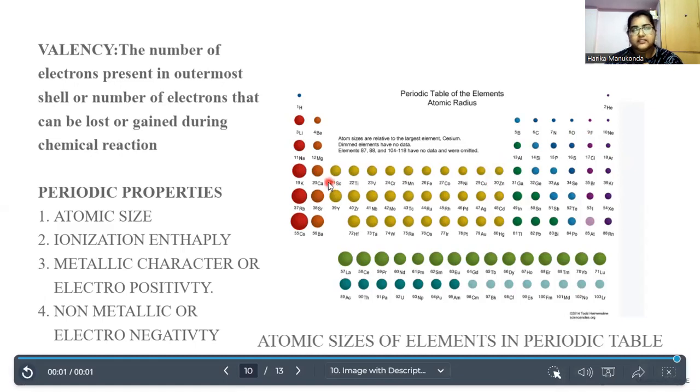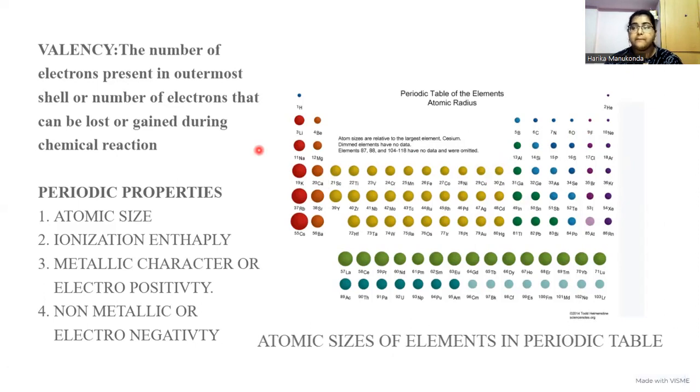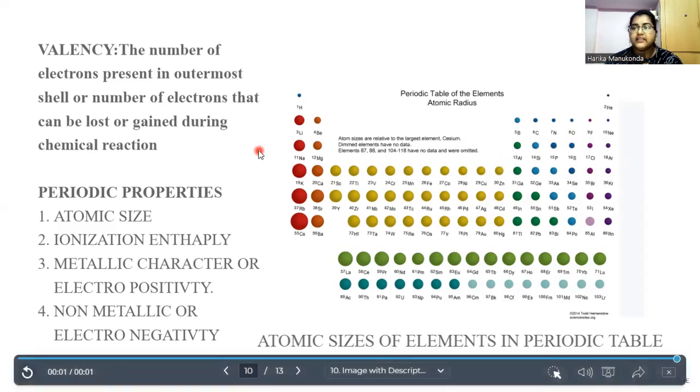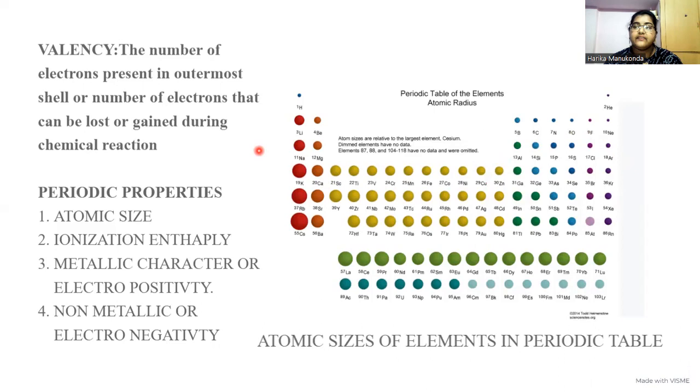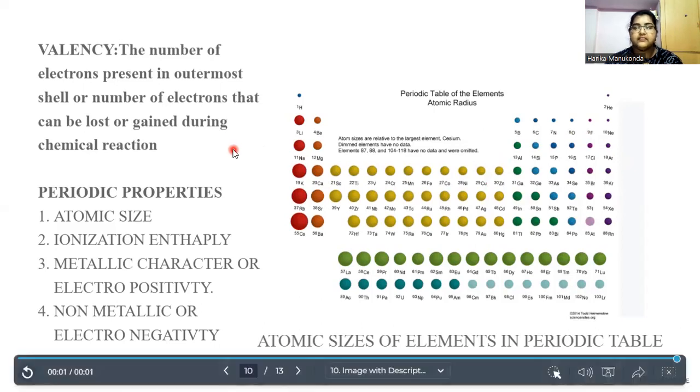In chemical reactions, mainly the outermost electrons, placed in the valency shell, play a crucial role, because the electrons placed far behind have less nuclear attraction.